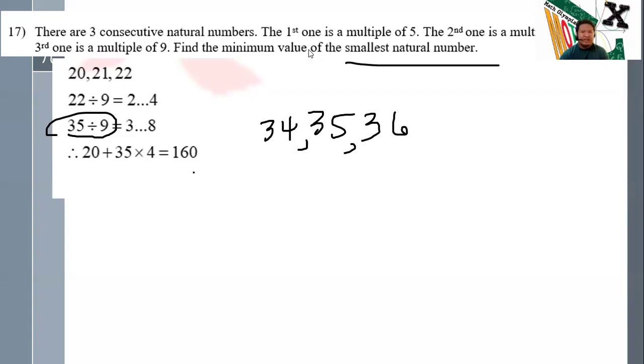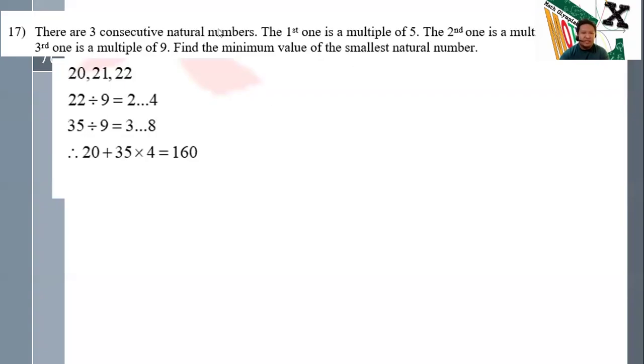We're trying to get those numbers so that the next number will be divisible by 7. So we'll try to preserve the situation. We have 20 and 21. That's remainder 1. The remainder for 22 is 4.